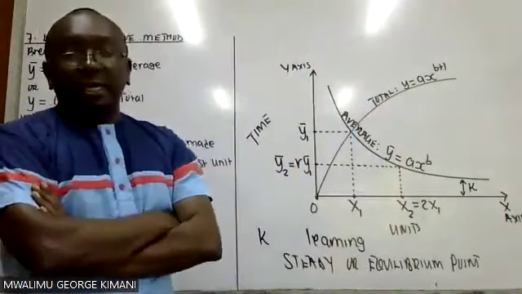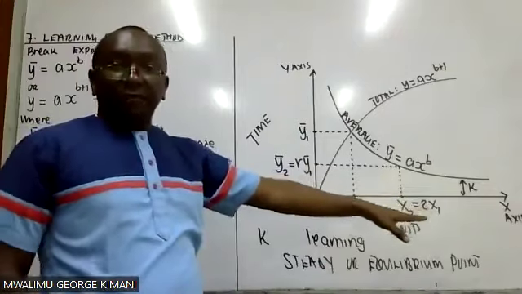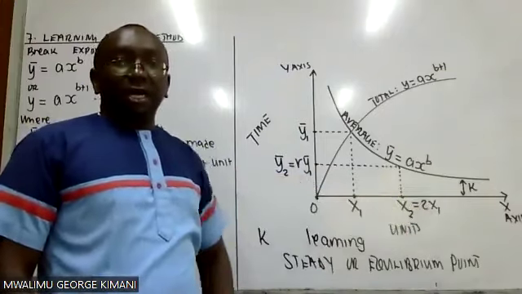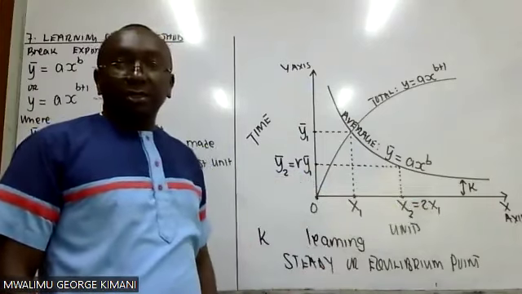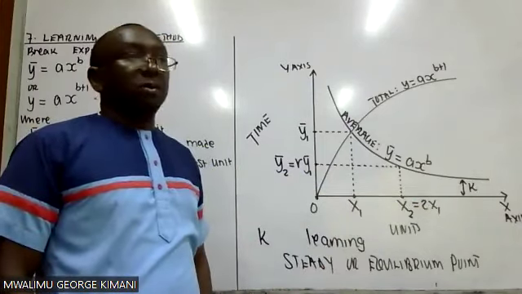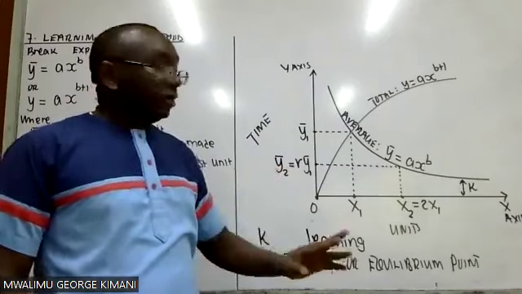So we are saying that when you observe K, it means that we have reached the equilibrium point, and beyond that, time does not decrease.